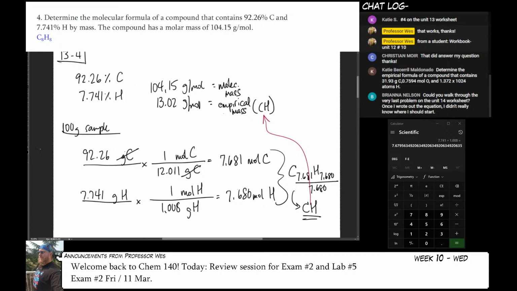So to figure out our multiplier, we're going to just divide these two. So 104.15 over 13.02. And lo and behold, the multiplier that we get is 8. So the molecular formula must be C8H8.